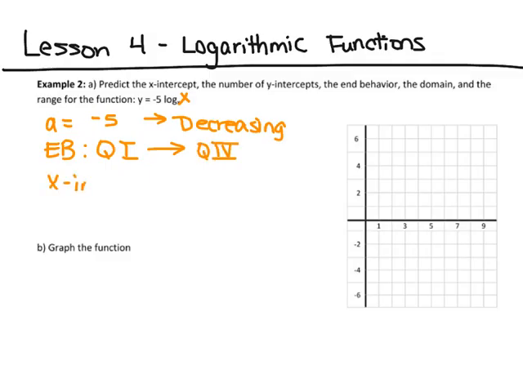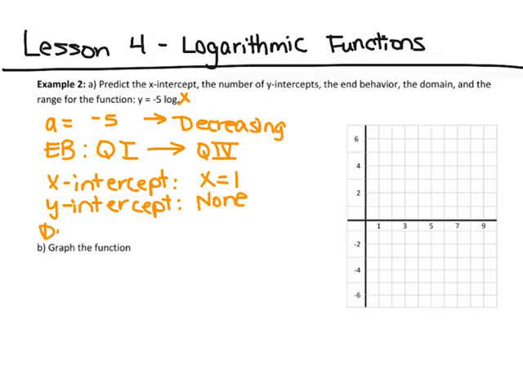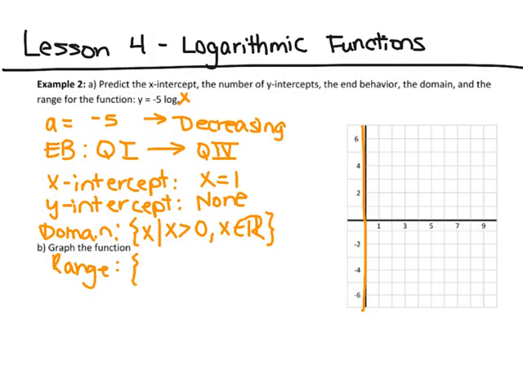Our x-intercept is always going to be x equals 1. Our y-intercept is none. It will never cross the y-axis. Because it has to be to the right of the y-axis, our domain is x such that x is greater than 0 for the real numbers, and our range can be anything. It'll go up and down forever. So this is kind of like the backwards of an exponential function, because it's the inverse.